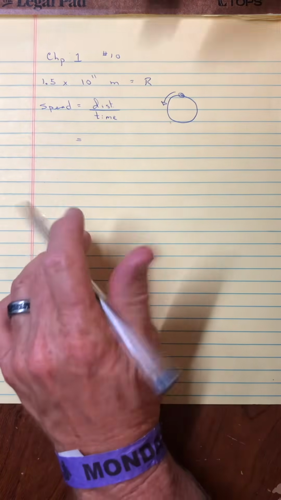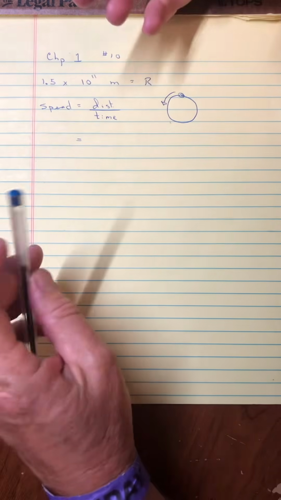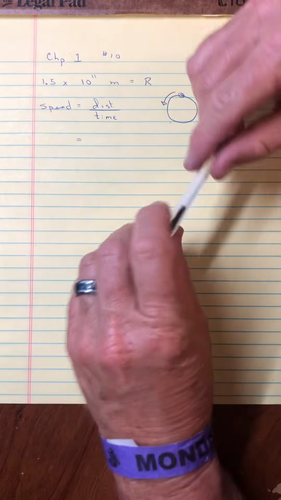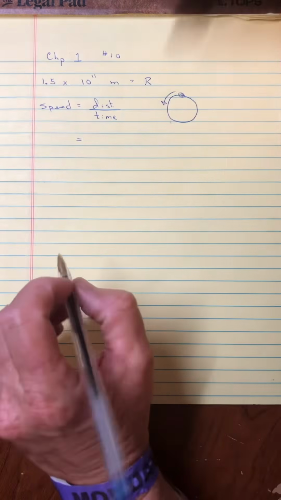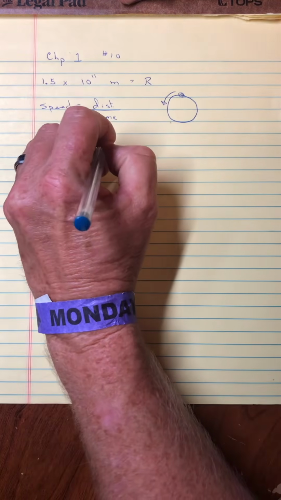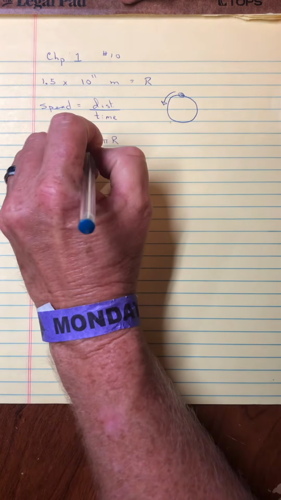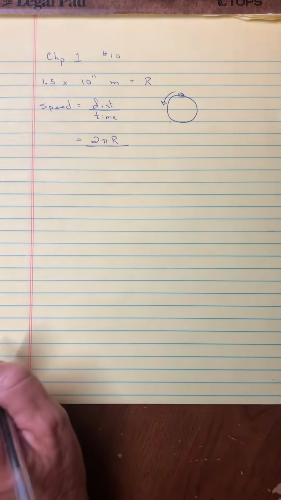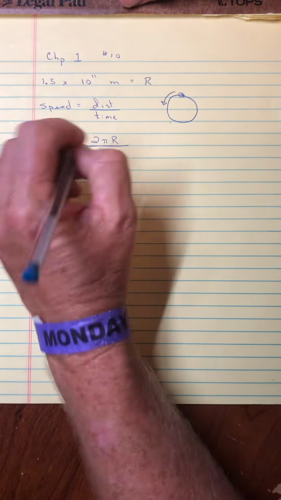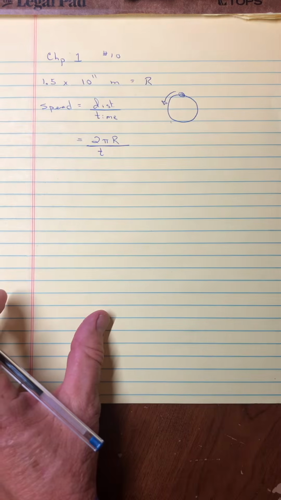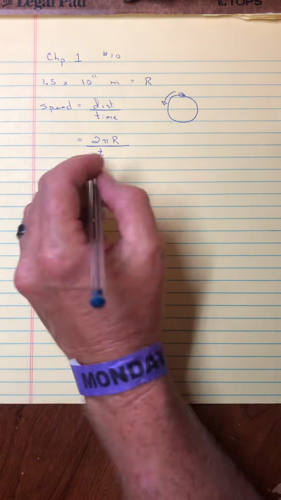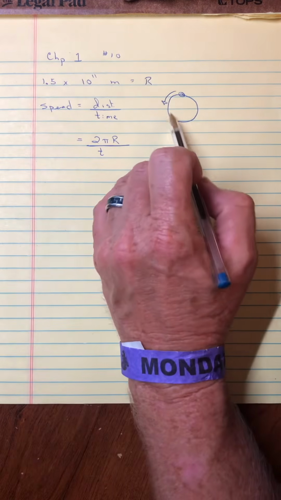Okay, what kind of path does it have so I can figure out the distance? That path would be the circumference of a circle. And the calculation for the circumference of a circle is 2 pi r. And I'll just use the symbol T for time. But the other thing to remember is this time would be 1 year.